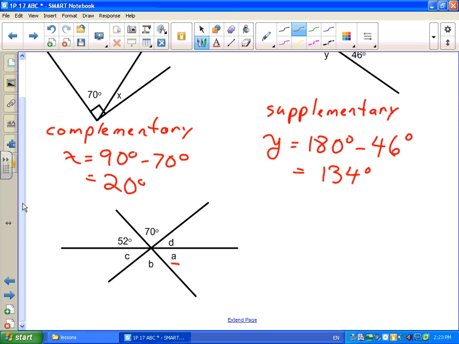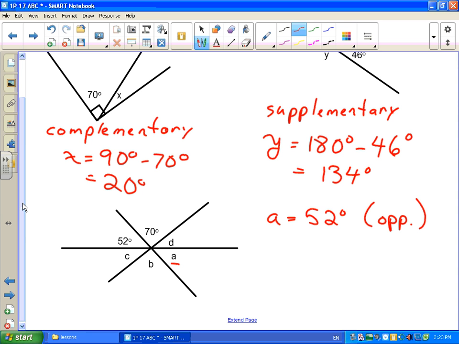What do we notice about angle A and this angle over here? Yeah, how do you know that they're equal? Yeah, they're opposite angles. So we can just say A is 52 degrees. And if we want, we can just put in brackets that these are opposite angles. Is there another angle that we can get the measure of using this opposite angle principle? What do you think, Logan?